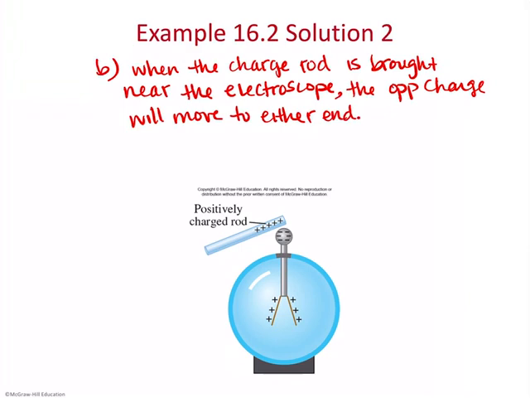Because the rod itself is positively charged, those electrons will move to the top, and then the bottom will be left with positive charges, which should still cause those leaves to repel.